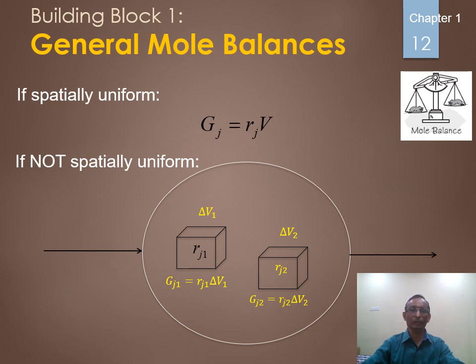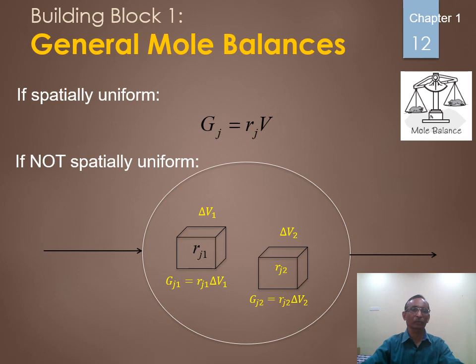So we are going to divide this volume into a number of volumes, V1, V2, V3, with rates Rj1, Rj2, Rj3, and then sum up. The summation of Gj equals Rji delta Vi. So you have a number of volumes and a number of rates, and the summation gives the result if it is not uniform.